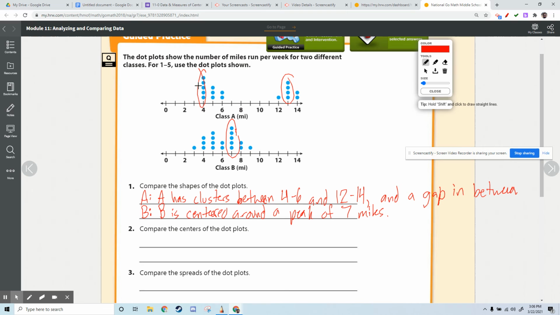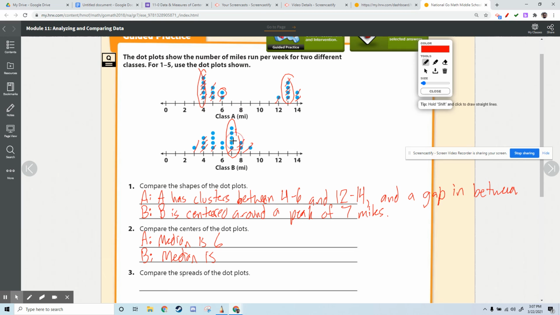Compare the centers. Well, let's find the centers. Center is at 6. A, median is 6. B, median is 4, 5.